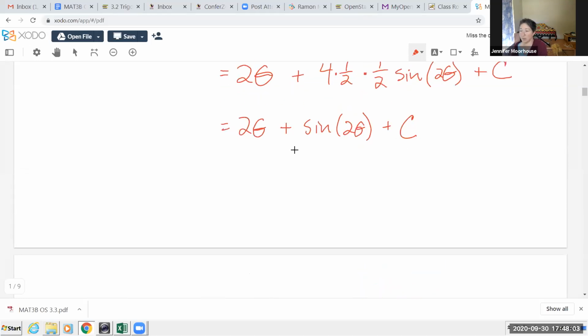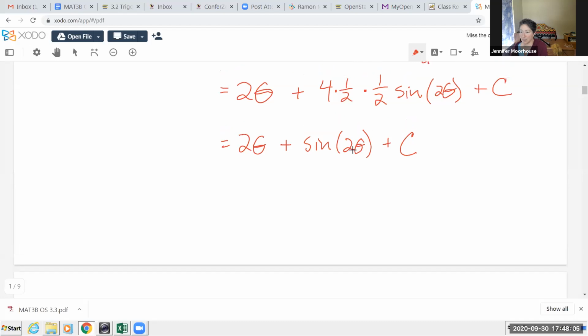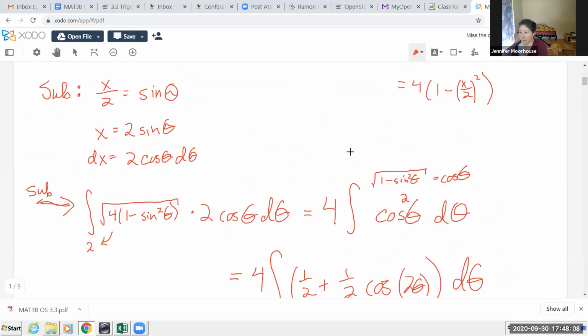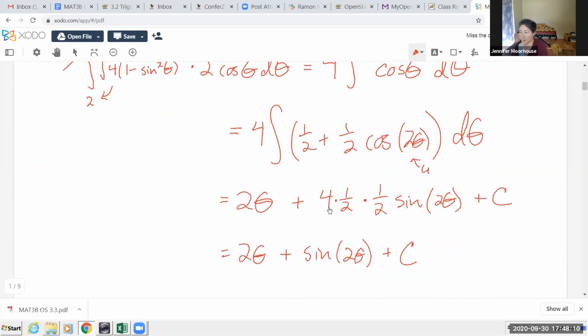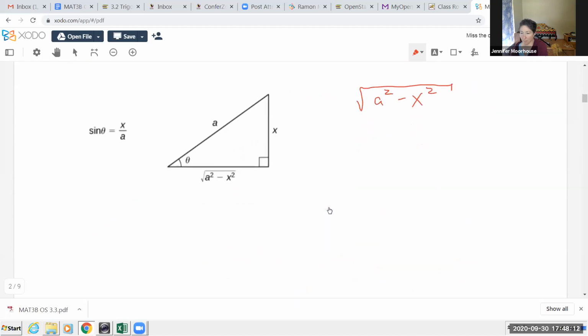So the theta is the angle in this triangle here. So for us, a was 2, and this is a 4.